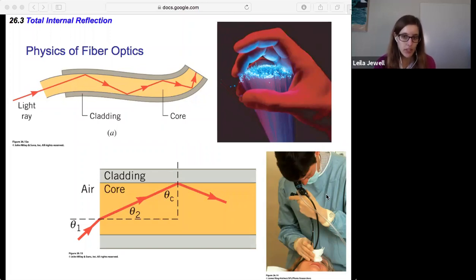Here's an example in medicine of an endoscope, specifically looking at the lungs, so a bronchoscope, I think, where there's a fiber optic cable that's able to bend all the way down into this person's lungs and see, even though it's bending, it's able to keep the light source within because of total internal reflection.